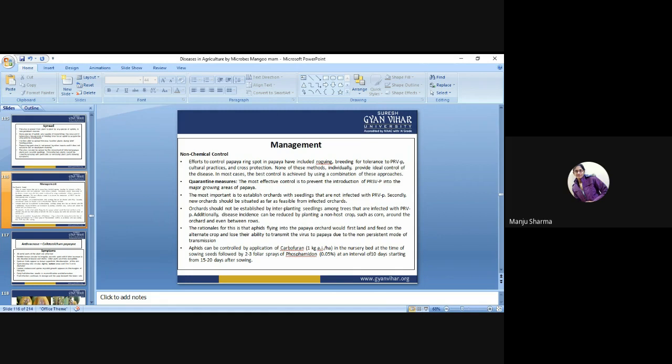None of these methods individually provides ideal control of the disease.